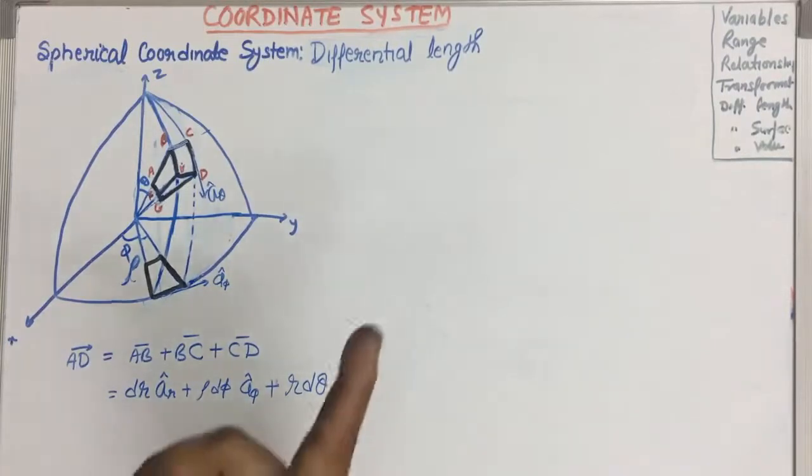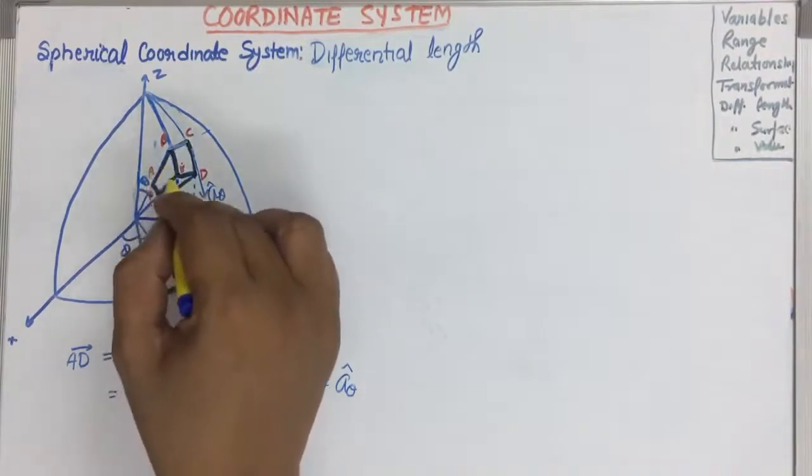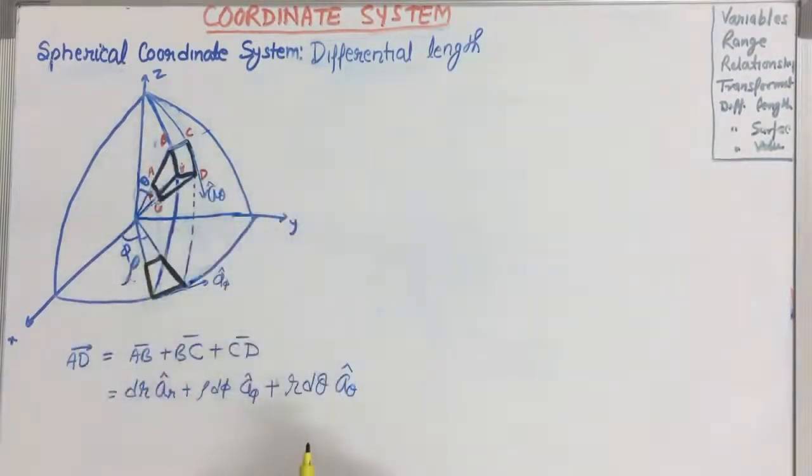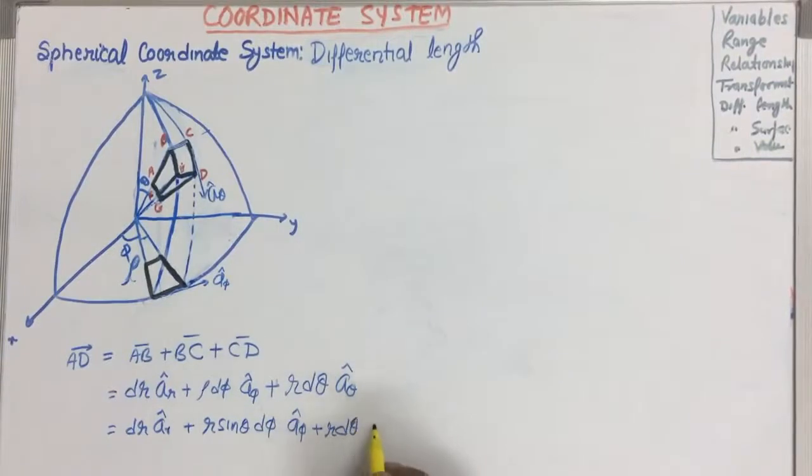Rho, from the previous derivation, is r sine theta. So BC is r sine theta d phi in the direction of a phi, plus the radius of the sphere times d theta a theta. So now AD, the differential length, can be written like that.